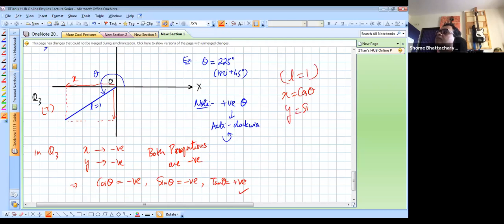And y is sin theta, and y by x becomes tan theta. So now in this quadrant, you can see what is happening in third quadrant. These two are negative, so obviously this becomes positive. So that is why cos is negative, sin is negative, whereas tan is positive, and that's why it's labeled with the symbol T in the ASTC. Okay. So I'm sure this is pretty clear. I'll just check your messages once again.